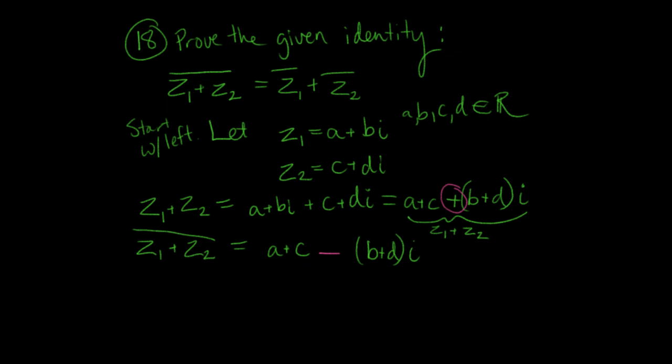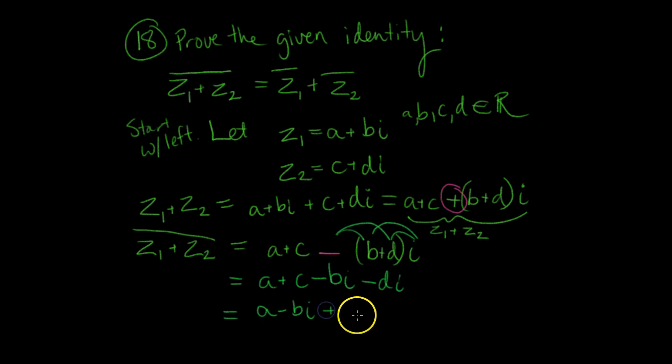And then after that, you just do a little cleaning up. So you have a plus c minus (b plus d)i. I'm going to distribute this negative and the i to both of these terms. So it's minus bi minus di, and I'm going to regroup. So now I have a minus bi and plus there, because c is positive, c minus di.